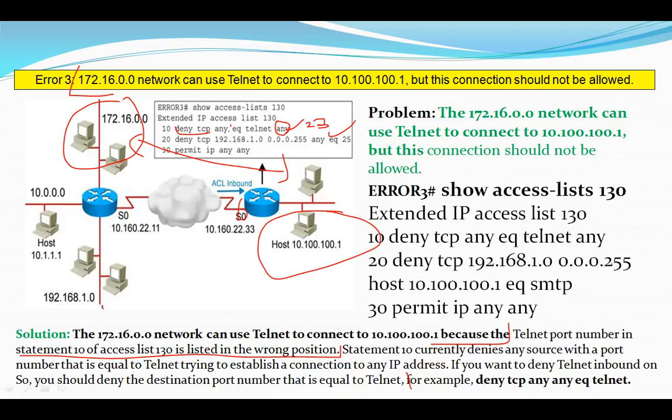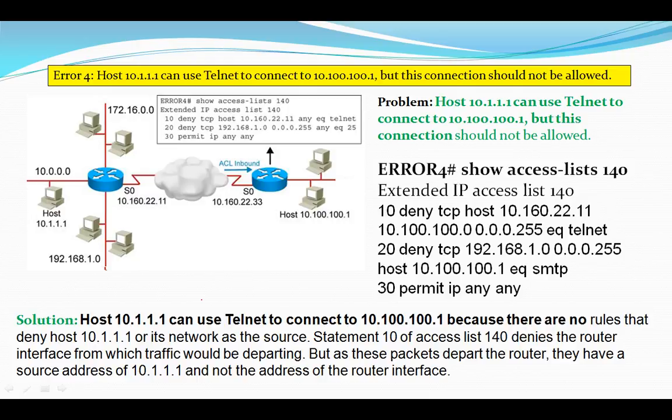We need to use any twice and equivalent to telnet or 23. This is how we can resolve this problem. If we change this here, it should not be able to telnet to the 10.100.100.1 network. So we will see one more scenario, guys, one more error.